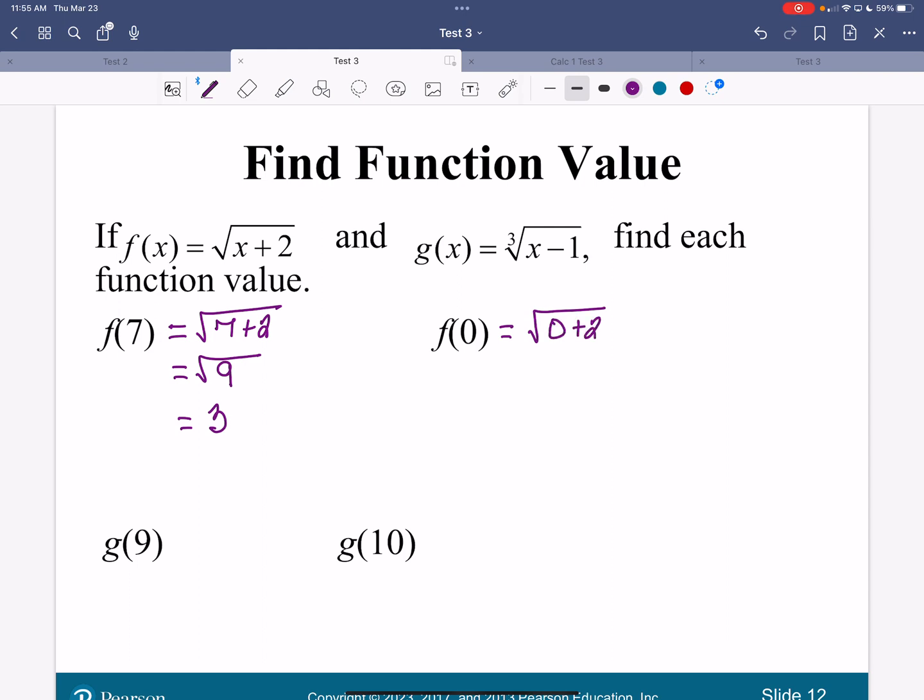Okay? Can I take the square root of 2? I can take the square root of 2, but it's an irrational number, so I'd get a long slew of decimals. So the square root of 2 is the exact value. Okay, so you're going to leave it like this. This is our exact value.